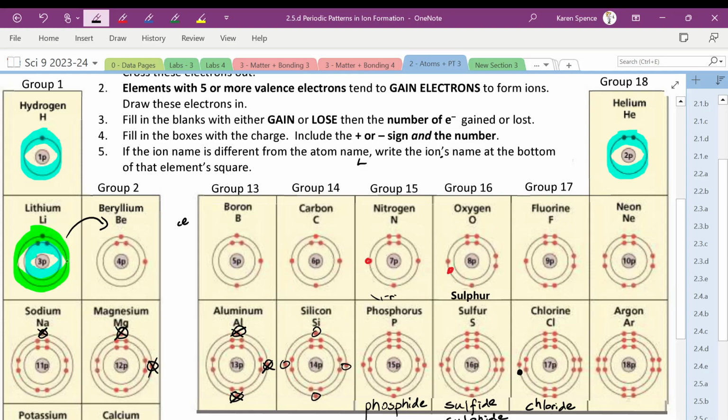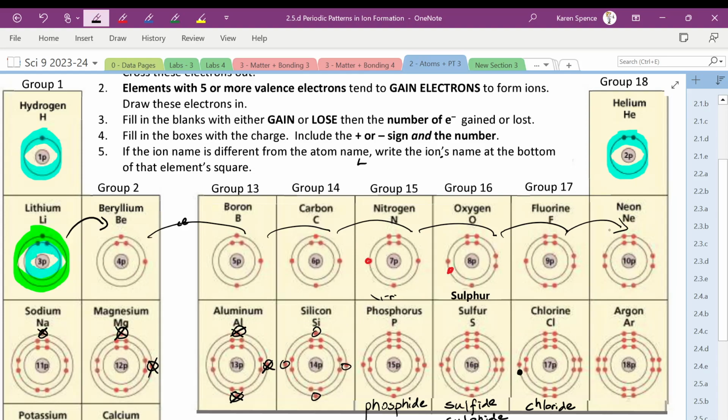And so we have 1 electron, 2 electrons, 3, 4, 5, 6, 7, and then we are full. And when we get full, we have to start a new shell, which means we also start a new period, a new row.